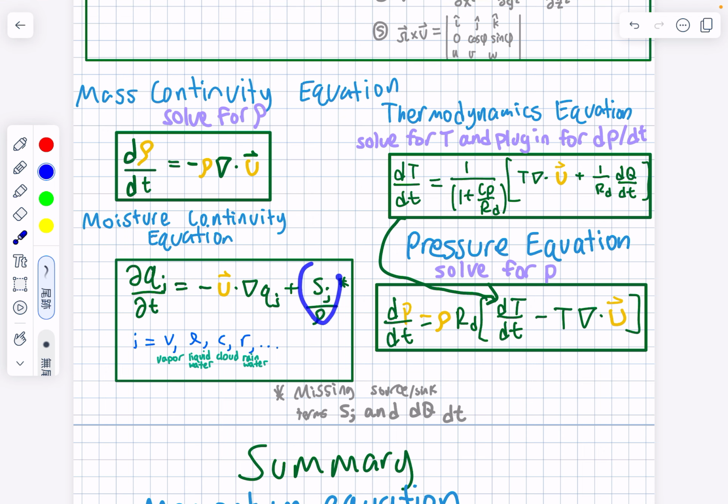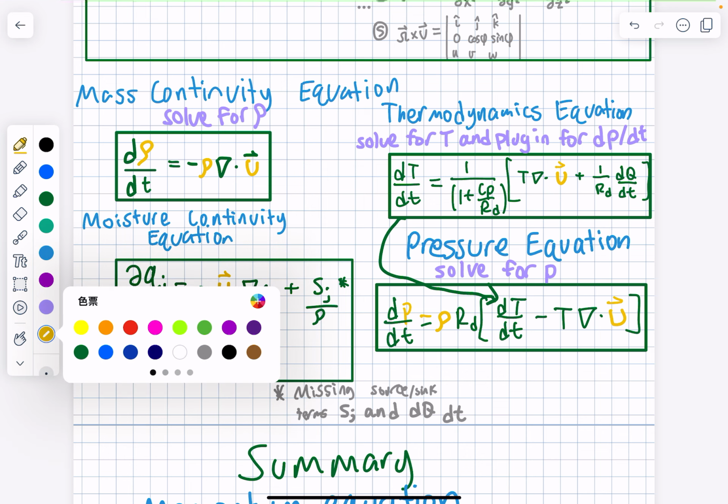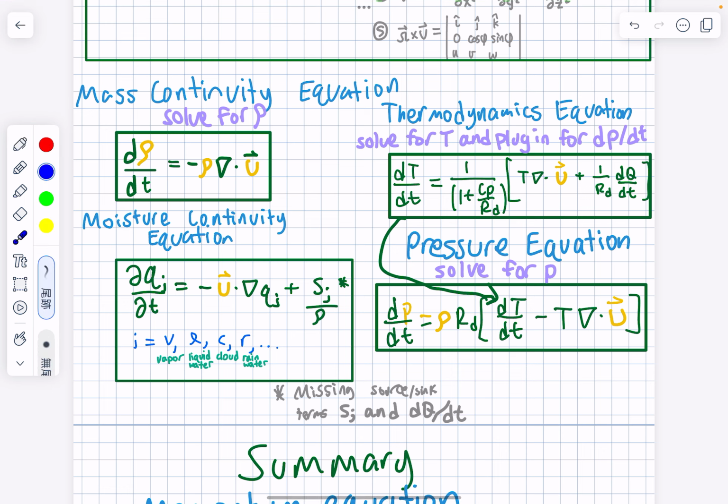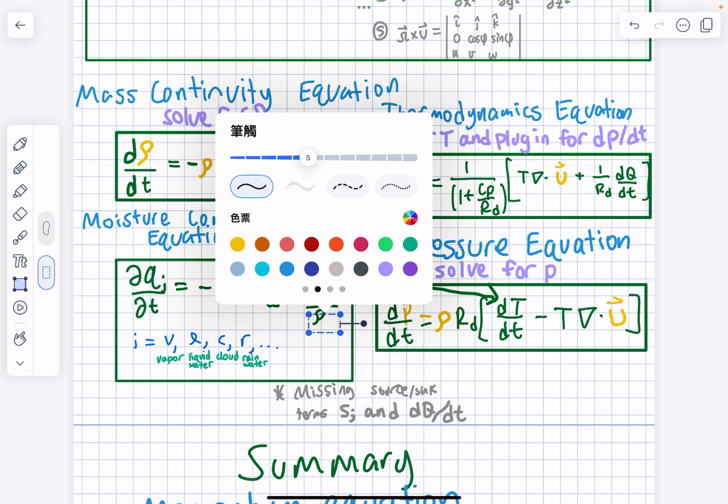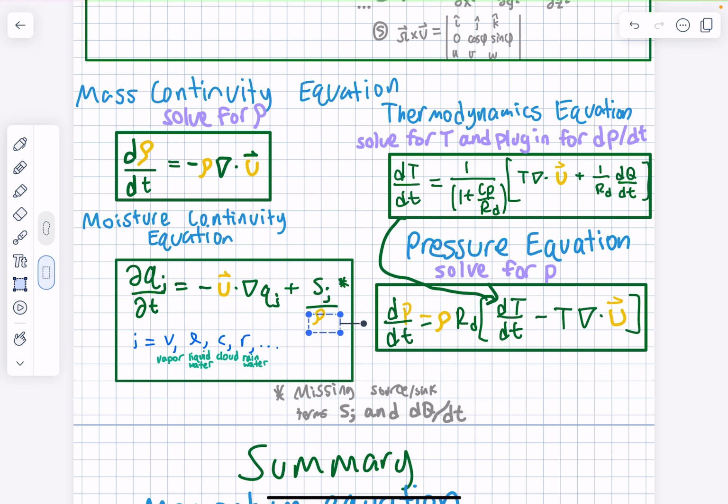The issue is this source sink term. We are missing the dq/dt term as well as this Sj term. Oh, and I should also make this gold, because I forgot to mention, there is a rho right here. We also need to know the current density.